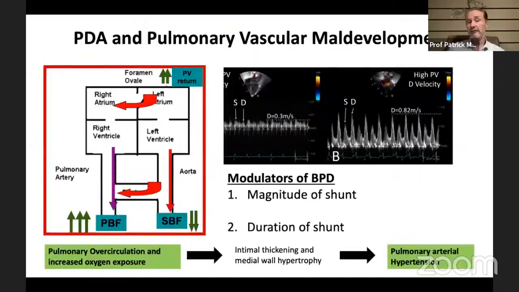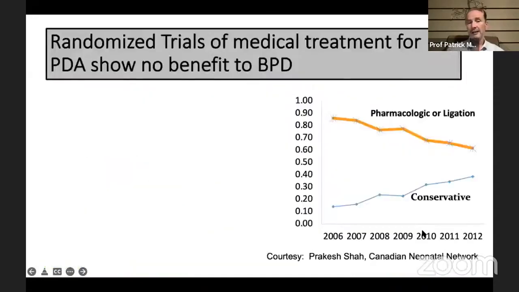And if we think of the physiology of a ductus, increasing left to right flow, if it's of sufficient magnitude and prolonged duration, through both excessive pulmonary blood flow and increased PO2, theoretically leads to intimal and medial wall hypertrophy, which increases the risk of pulmonary arterial hypertension. Yet, when we look at our trials, they actually don't show any benefit to BPD, and this has led to a secular movement away from PDA therapy.